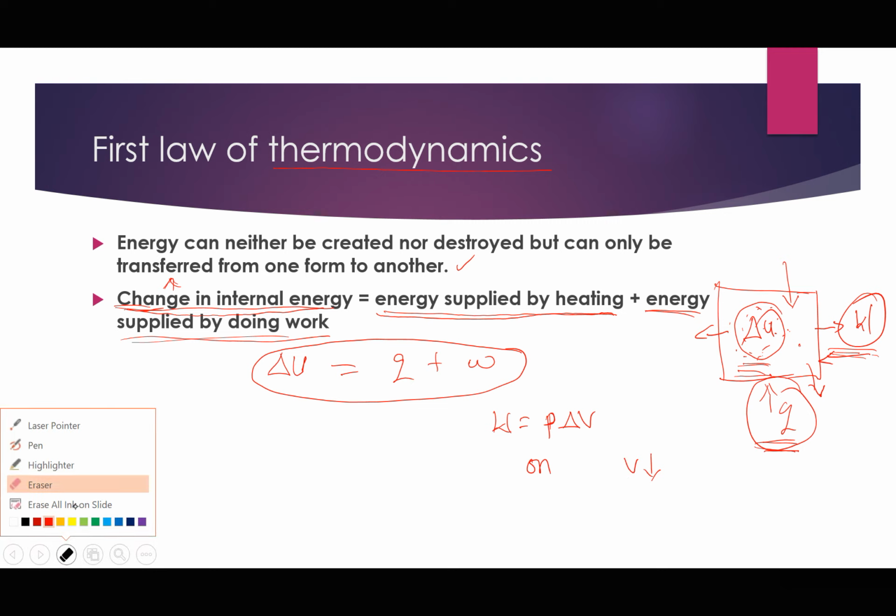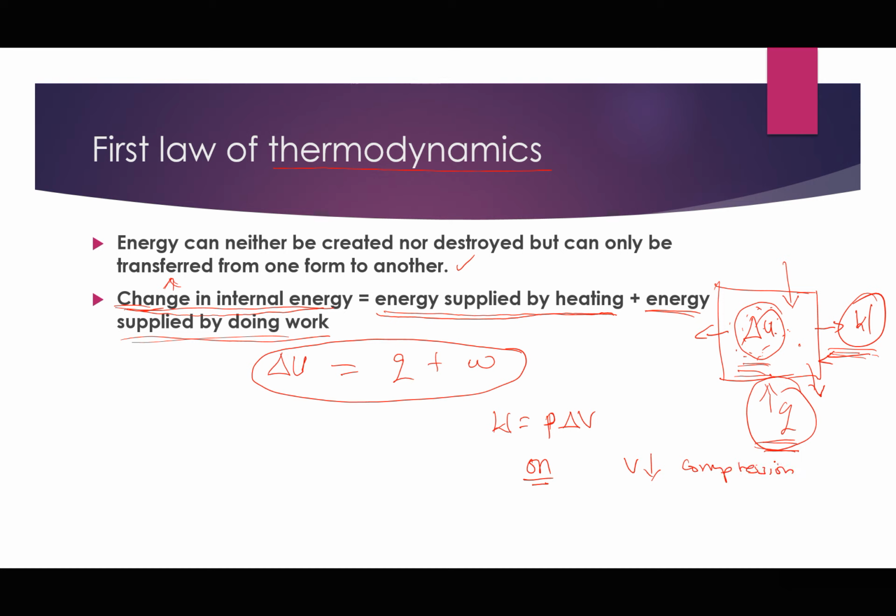If the work is done on the gas, this is a compression. If the work is done by the gas, it means the volume is increasing, and this is an expansion.